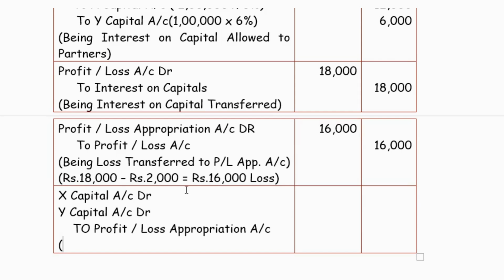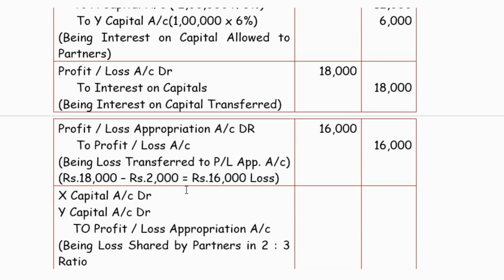In the loss case, the partners' capital account would be debited, being loss shared by partners in 2:3 ratio. What is the amount of loss? It is 16,000, and when shared, it is 6,400 and 9,600.